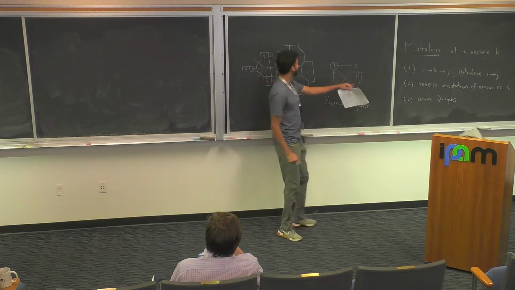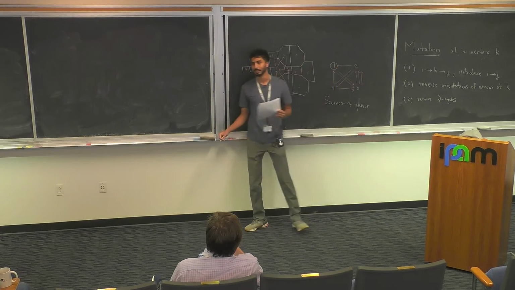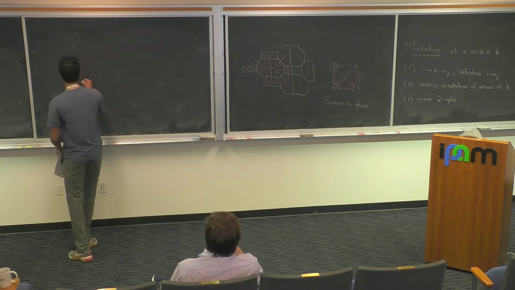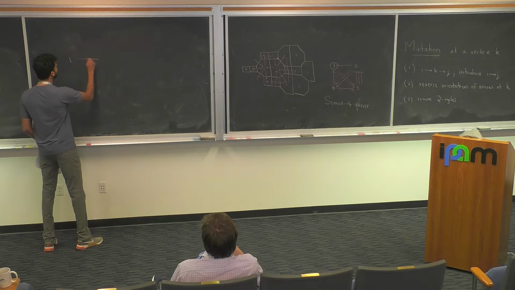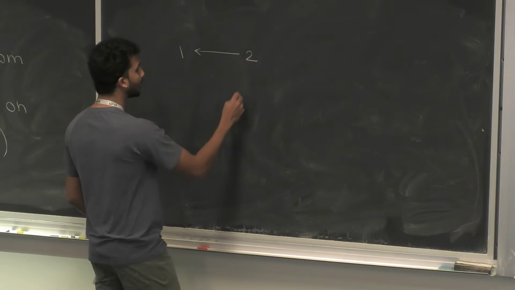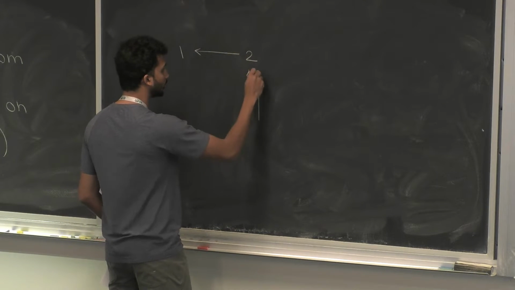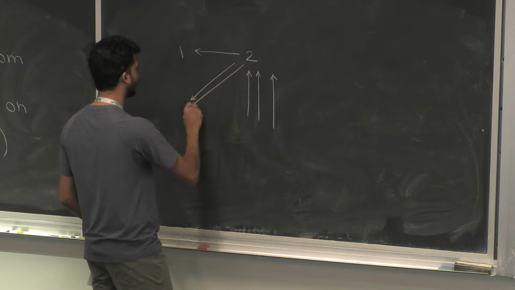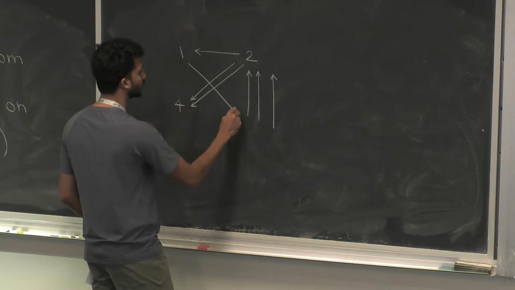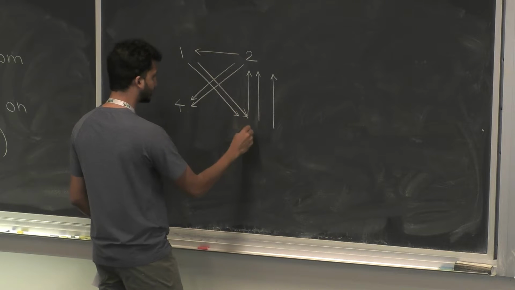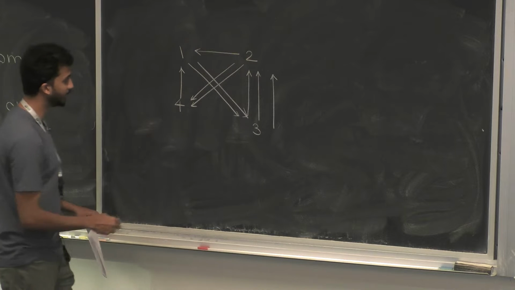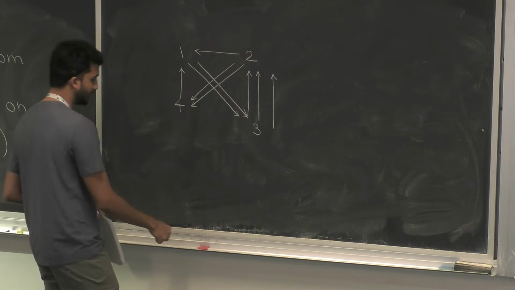So let's apply this mutation process to this quiver over here. So what do you get? So in the first step, let me redraw that quiver. Okay, so this is my quiver, and I want to mutate at this vertex.